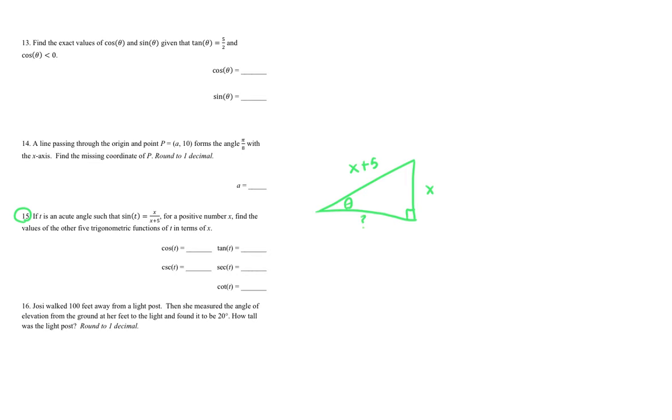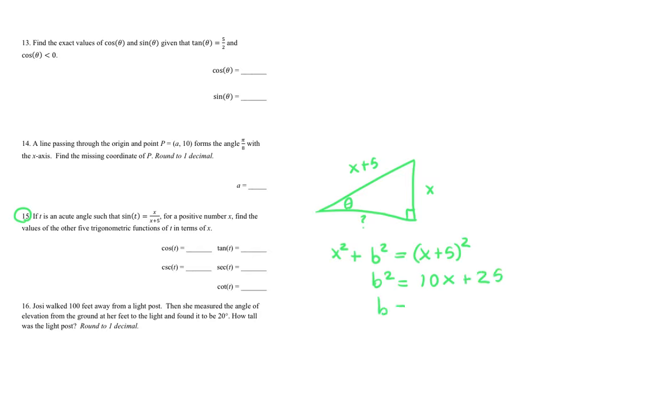So now I want to know about this side right here. And so from the Pythagorean theorem, I should know that x squared plus my b squared, the length that I don't know, should equal x plus 5 squared. So b squared should equal 10x plus 25.